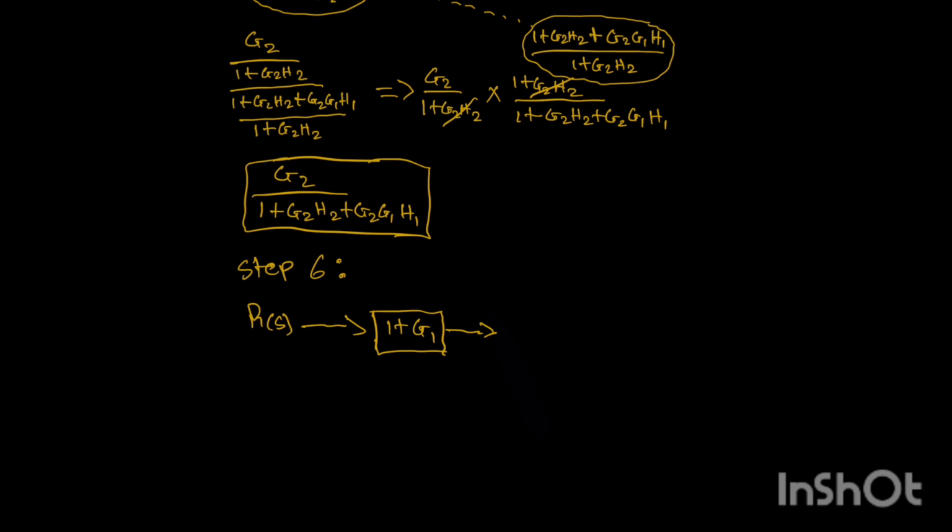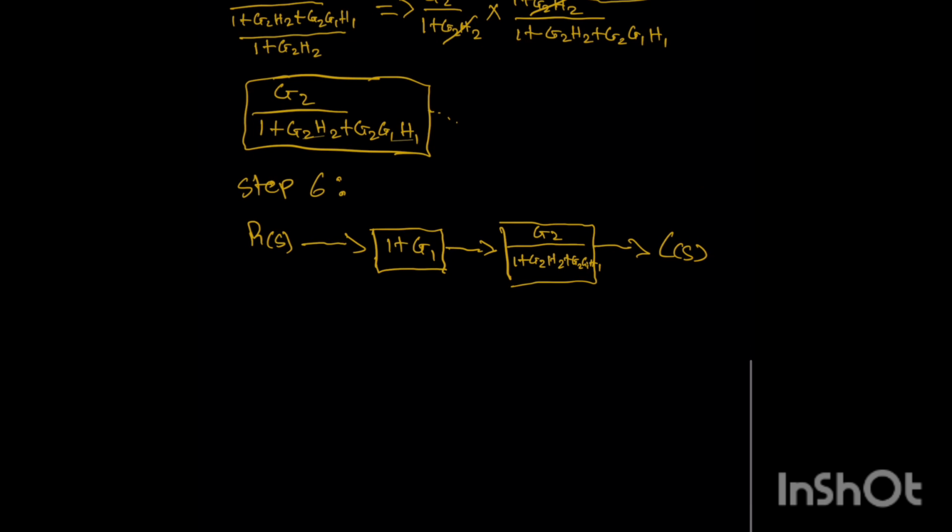Then we will fit in this block we have over here, G2 all over 1 plus G2H2 plus G2G1H1. So this will be our C of X.